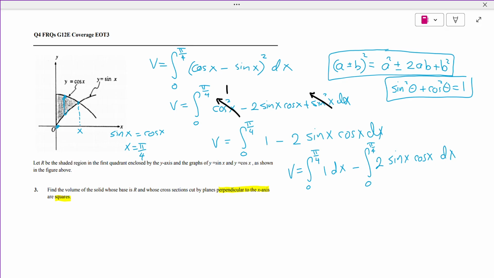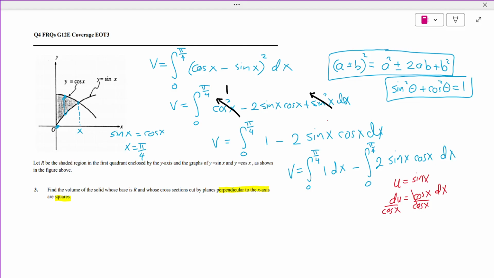Now, the first integral is straightforward. The integral of 1 is x. The integral of 2 sine of x cos of x requires the u substitution. So we will assume that u equals sine of x, du equals cos of x dx. We will divide by cos of x. Right?